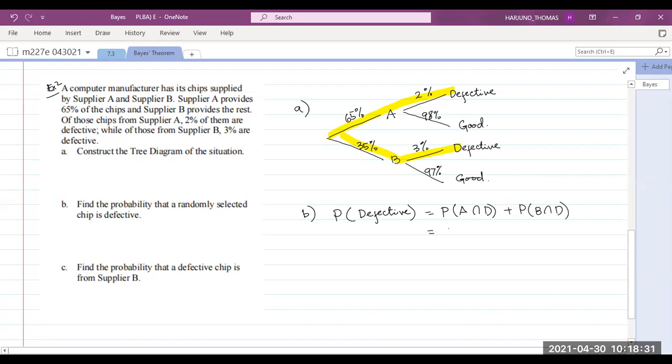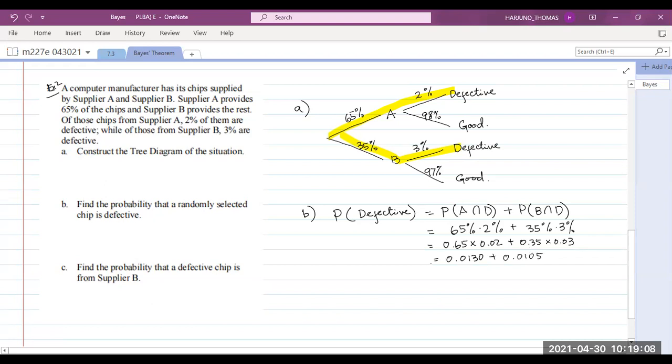This is A and defective plus B and defective. Now change them to decimal first. Again, don't attack them right away from the percentage. This will be 0.0130 plus 0.0105.